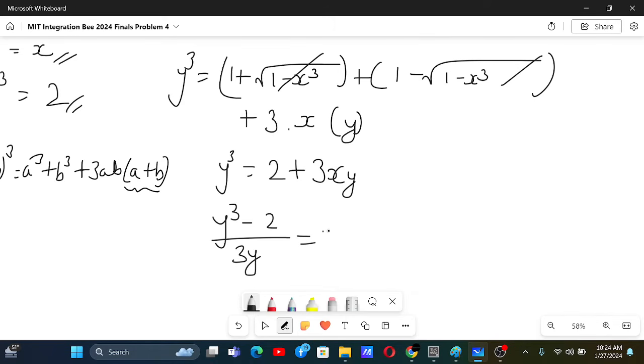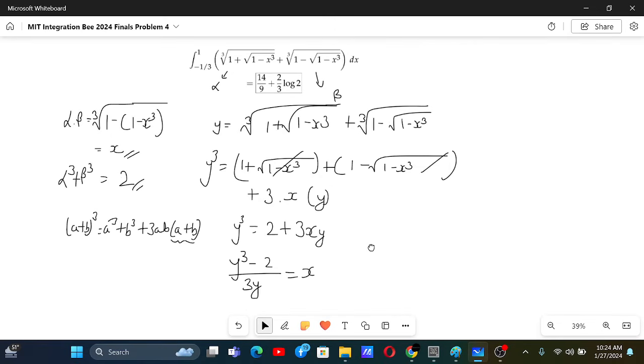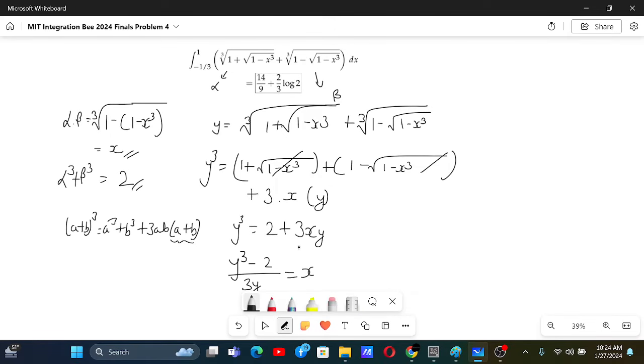Now we have a really simple expression for x in terms of y. So how does that help us? Now if we let this whole expression be y, we can easily get our dx. We can further write x as y square by 3 minus 2 by 3y.